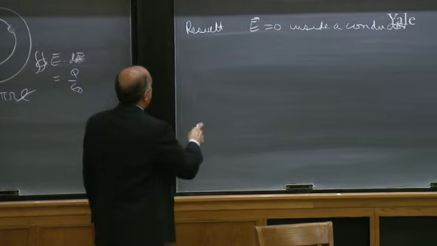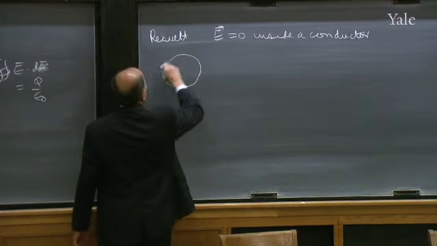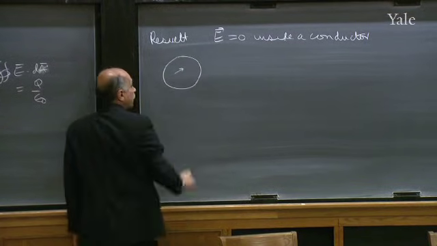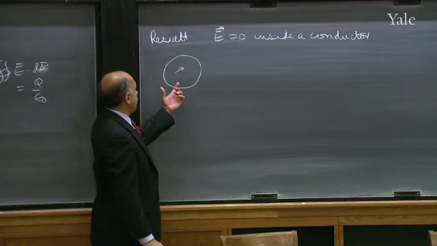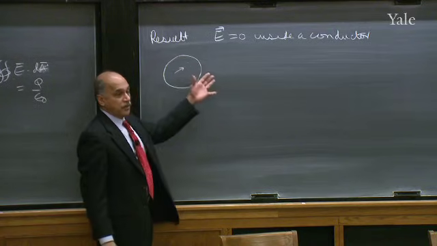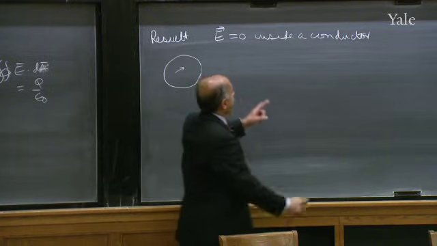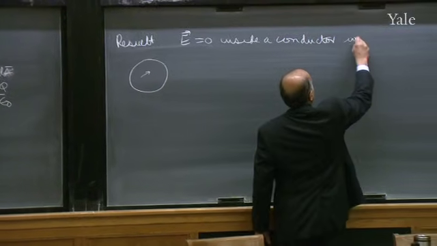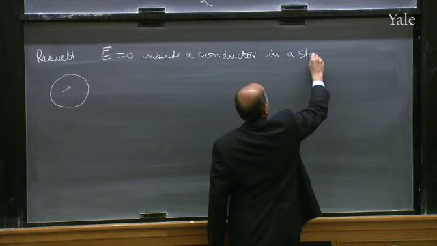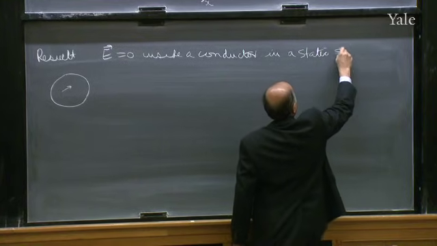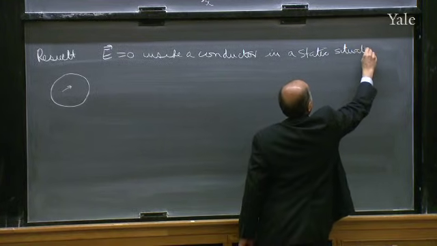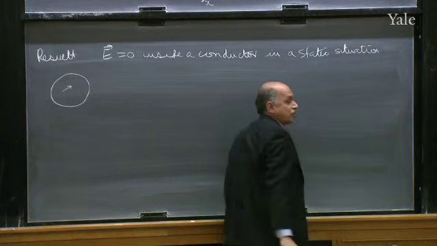Why? Because if this is the chunk of material, and there's an electric field, then the charges that I said are free to move will respond to the electric field and they'll be moving. So I should say E equal to 0 inside a conductor in a static situation. In other words, once the charges have stopped moving, the electric field will be 0 in a conductor.